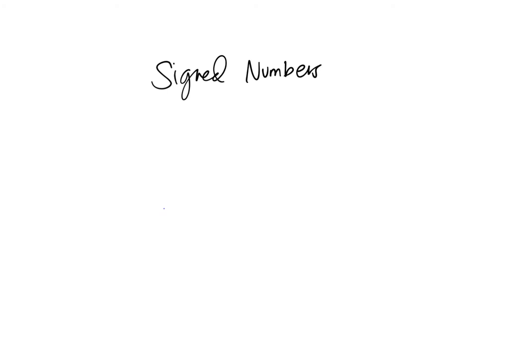On a number line, we'll see them like this, where our negative numbers are to the left and positives are to the right. Using this number line, we can easily compare numbers to say that something's less than or greater than another number.